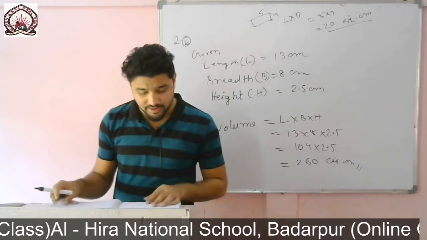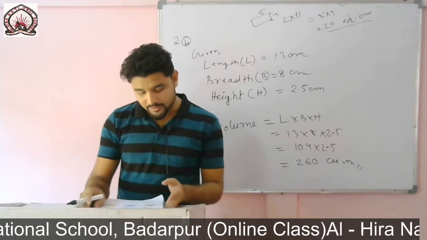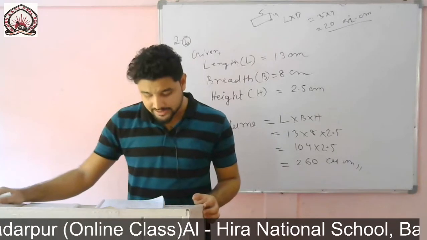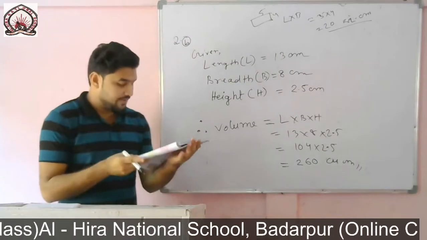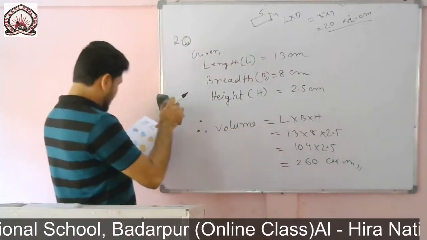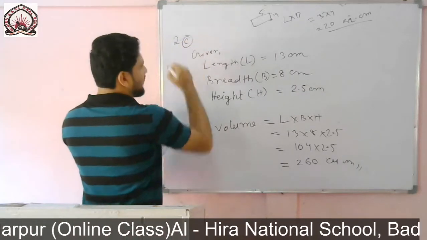Now come to question number D. It says switch box having length 18 centimeter, breadth 15 centimeter and height 10.5 centimeter. So again you write, this is question number C and D here.